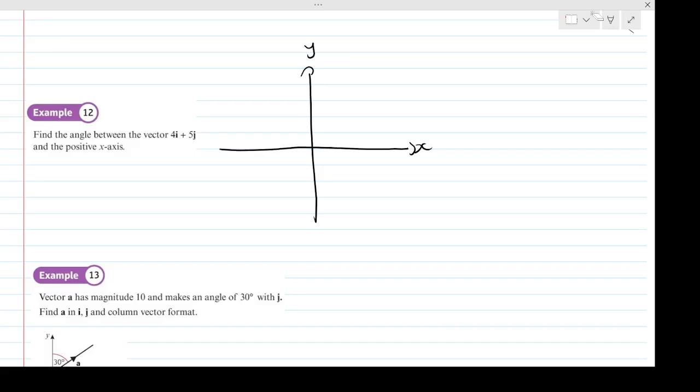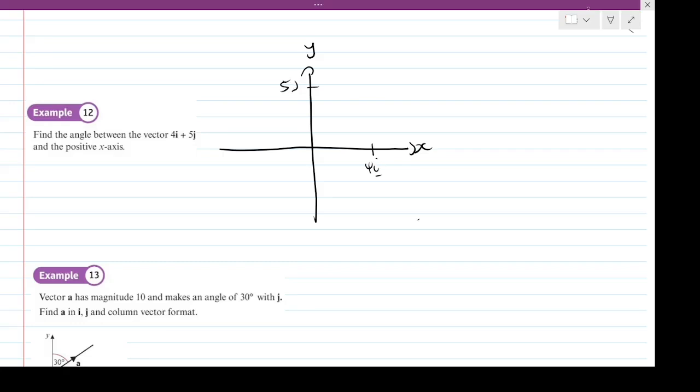So 4i and 5j means I need to go 4 across, then 5 up, and therefore the point is there, so my vector is going to be there. That's my vector. Then the angle between the positive x-axis, so it's going to be there, the angle theta there. So I just need to find that.